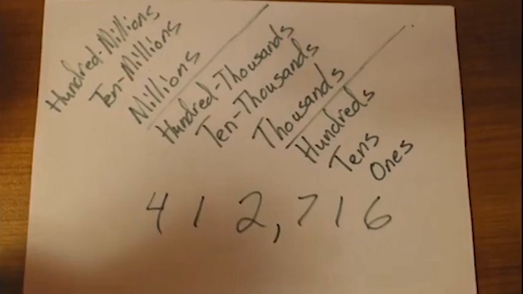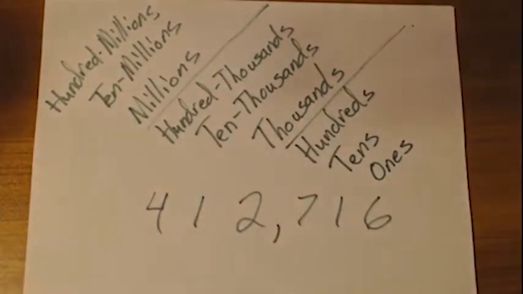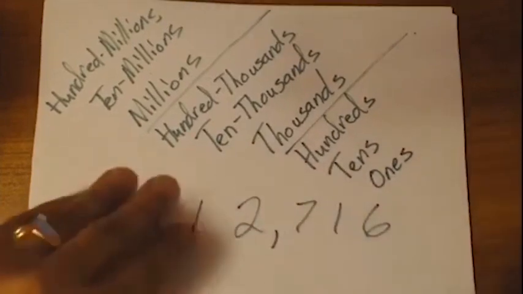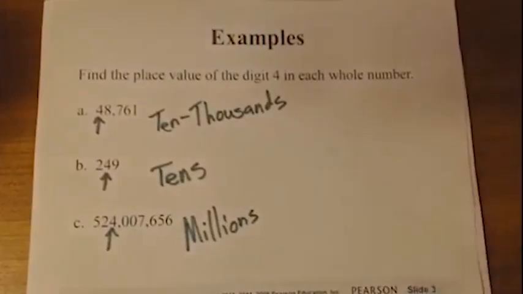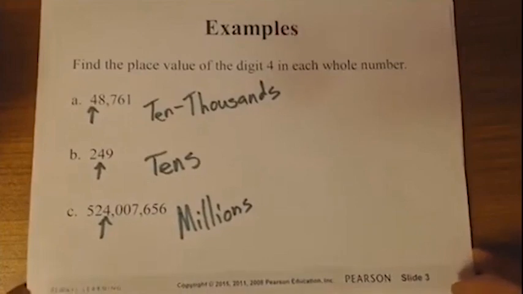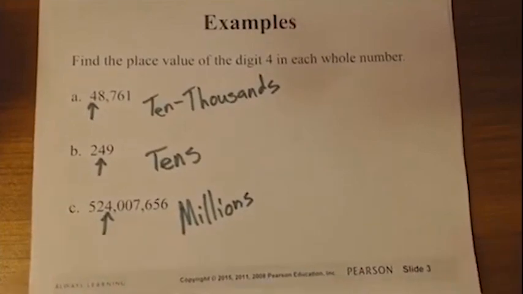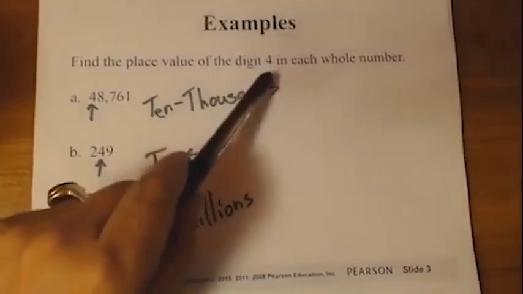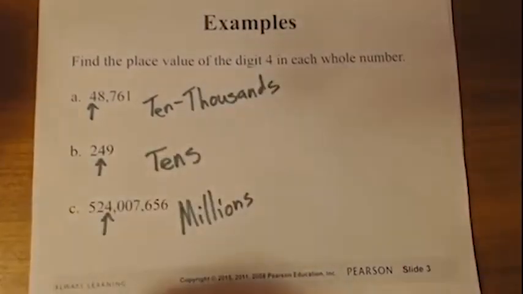Let's get practice in determining position of a number with these 3 examples. Our directions are to find the place value of the digit 4 in each whole number.